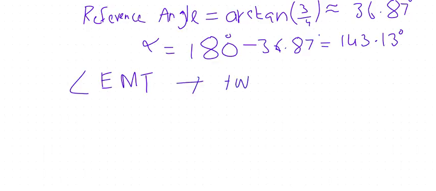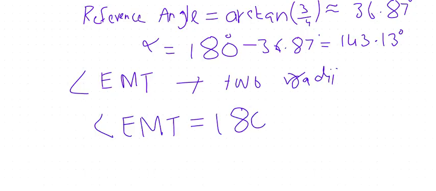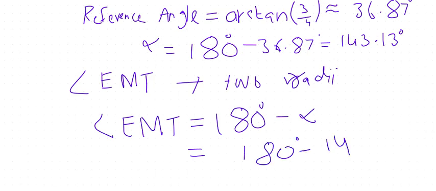Okay, so angle EMT equals 180 degrees minus alpha, which equals 180 minus 143.13 degrees, which is about 36.87 degrees, okay?